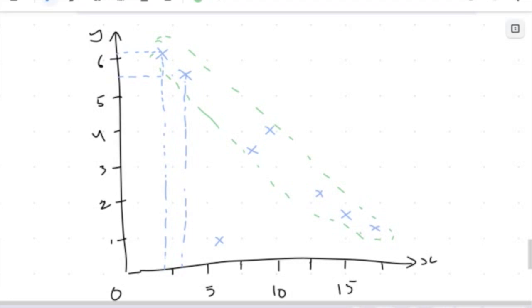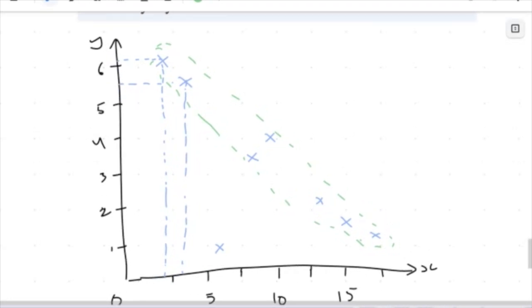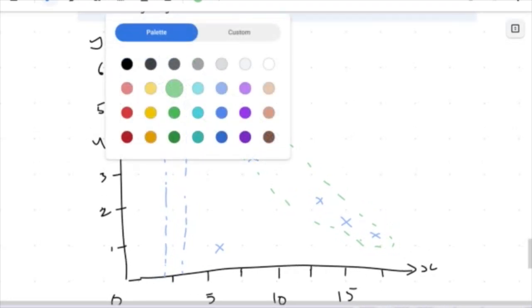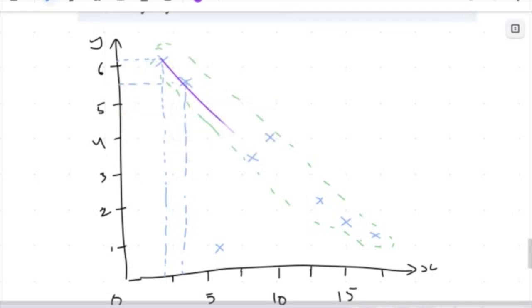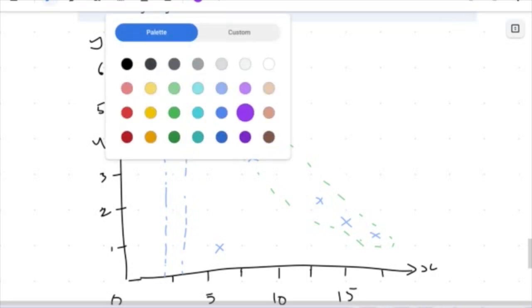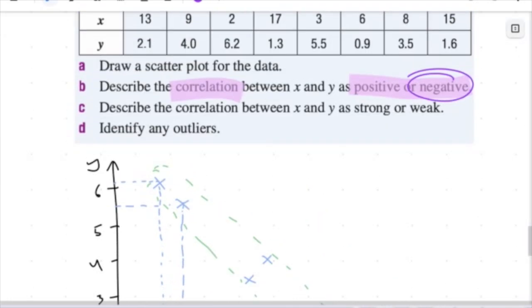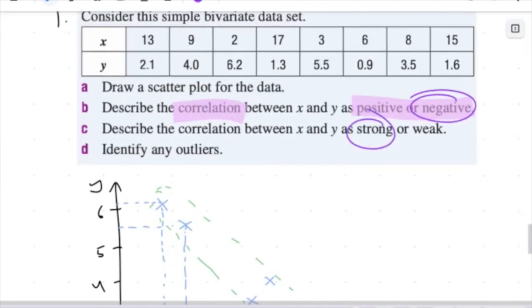They're not linear but spread out quite a bit. We can see that these almost lie straight on, as I showed before, a line that passes through them. So the more linear it is, the stronger we can say the correlation is. So here, this is going to be a strong correlation.